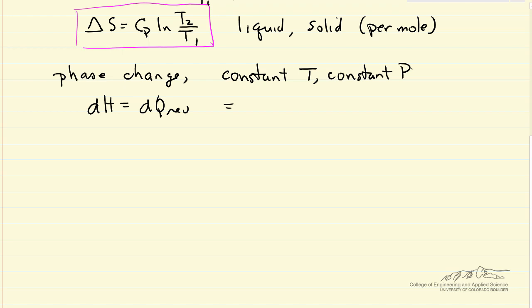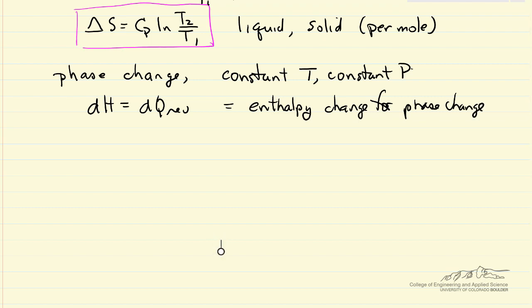And the difference is dH is the enthalpy change for a phase change. So this is a number, right? We're at one temperature, and so at a given temperature this is going to be a constant.